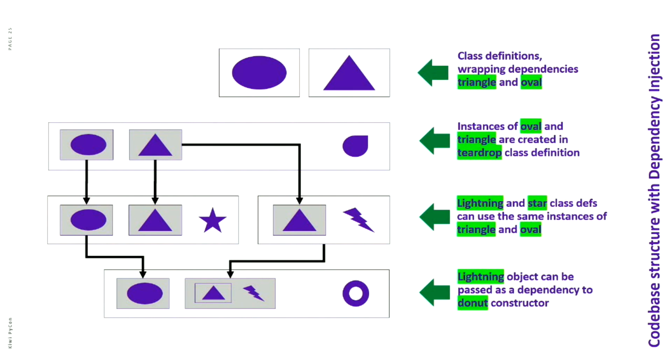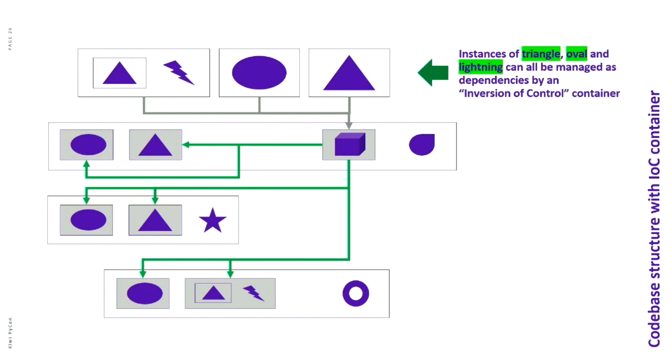We've kind of achieved the idea of the dependency injection pattern. To bring it full circle, you can introduce an inversion of control container, also known as a dependency injection framework, and that makes things look like this.